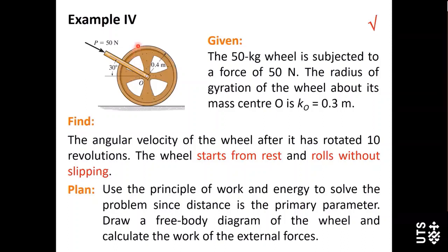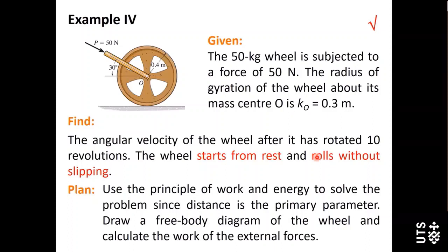And here, there is a wheel, and this wheel is subjected to an external force P. So this force P will drive this wheel rolling forward, and this is the rolls without slipping motion.